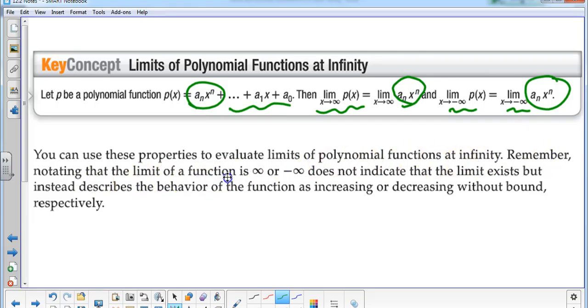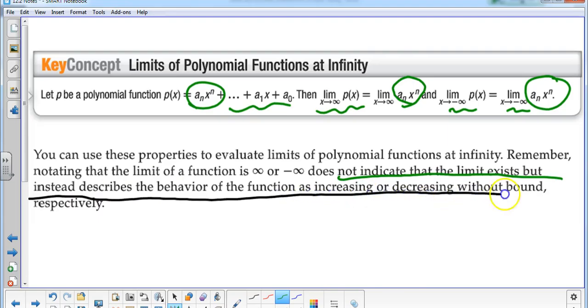Remember, noting that the limit of a function is infinity or negative infinity does not indicate the limit exists, but instead describes the behavior of the function as increasing or decreasing without bound. When you write the limit as x approaches infinity is infinity, it's really saying the limit doesn't exist, but I know that it's going up.